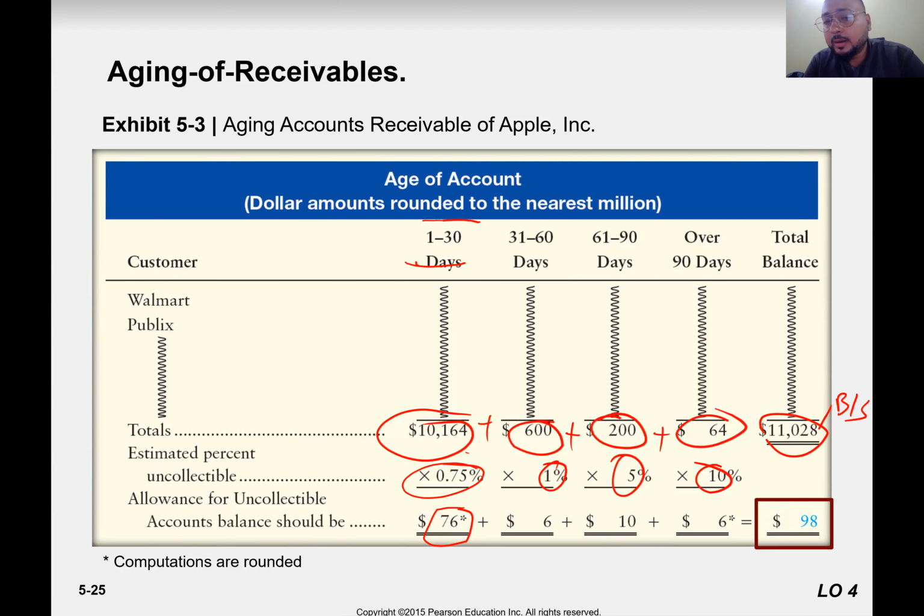Similarly, 600 multiplied by 1%, answer is 6. 200 multiplied by 5%, answer is 10. 64 multiplied by 10%, answer is 6. So we just take whole figures, not in points. So the answer is 98.